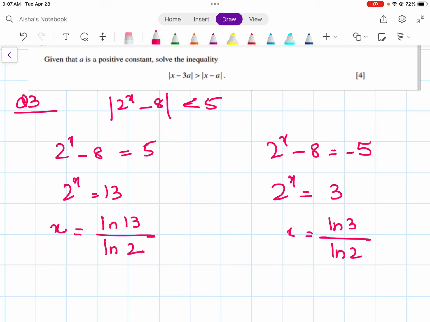So the answers will come out to be ln 13 upon ln 2, which is 3.7, and ln 3 divided by ln 2 is 1.584.